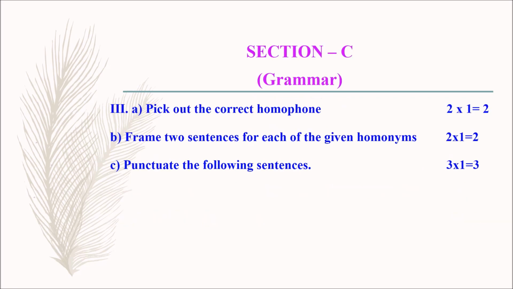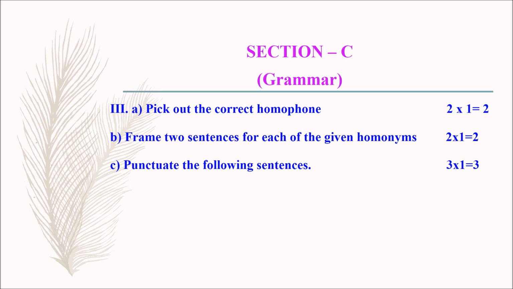Section C, Grammar. Roman letter 3. Pick out the correct homophone. Here, you have to pick out the correct homophone. They have given it in a fill-up format. First, read the sentence and inside the bracket, they will give you 2 words which have different meanings, different spellings, but a similar sound.